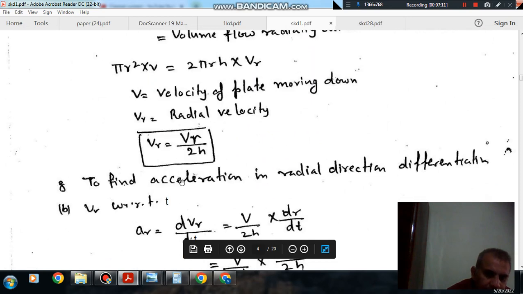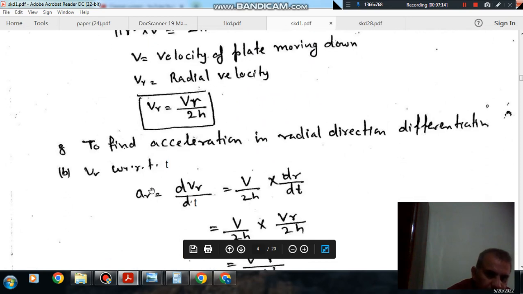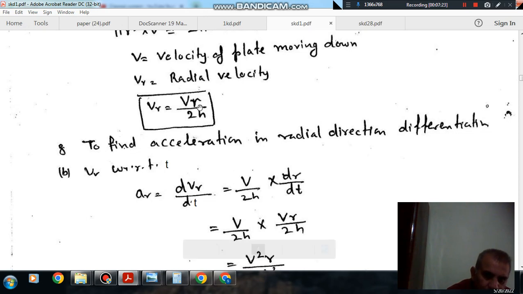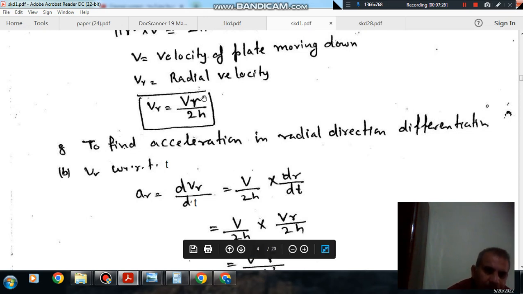Now to find the acceleration, we differentiate this Vr with respect to t. So that is V/2h, differentiating with respect to r first, and then differentiating r with respect to t.